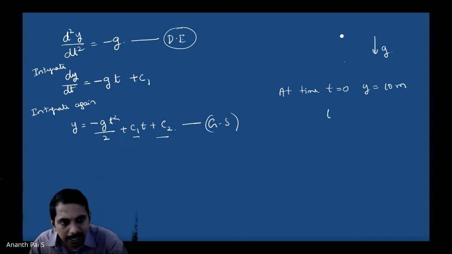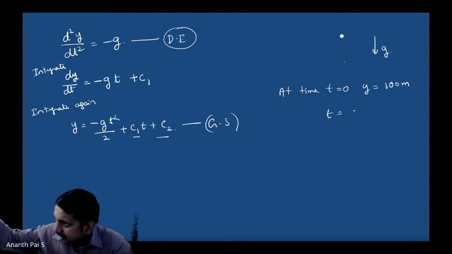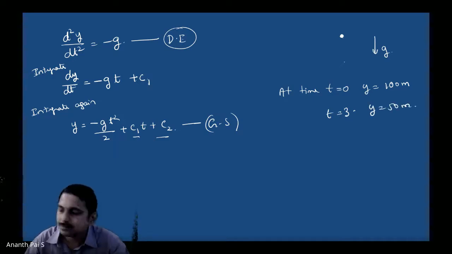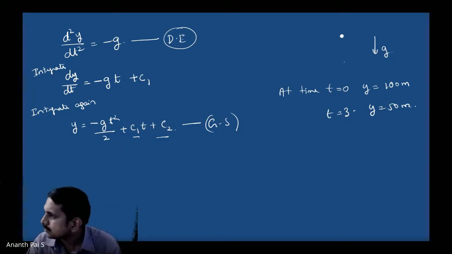And at t is equal to 3 seconds, y was 50 meters. Now, applying this here, we can find the solution.